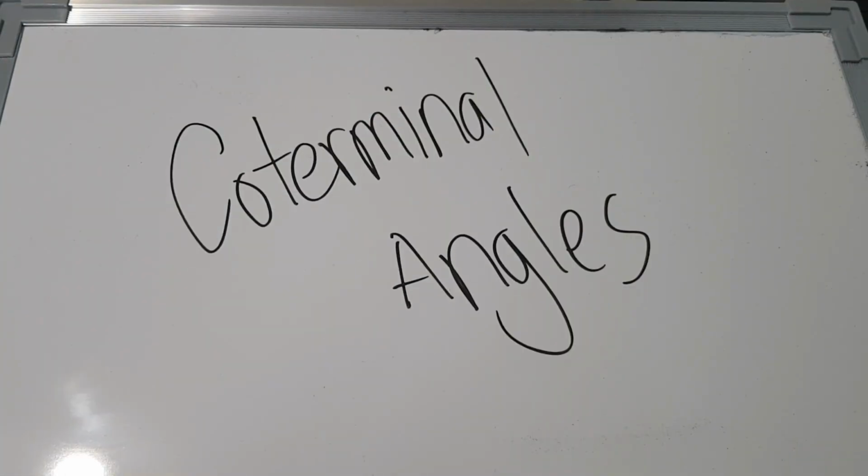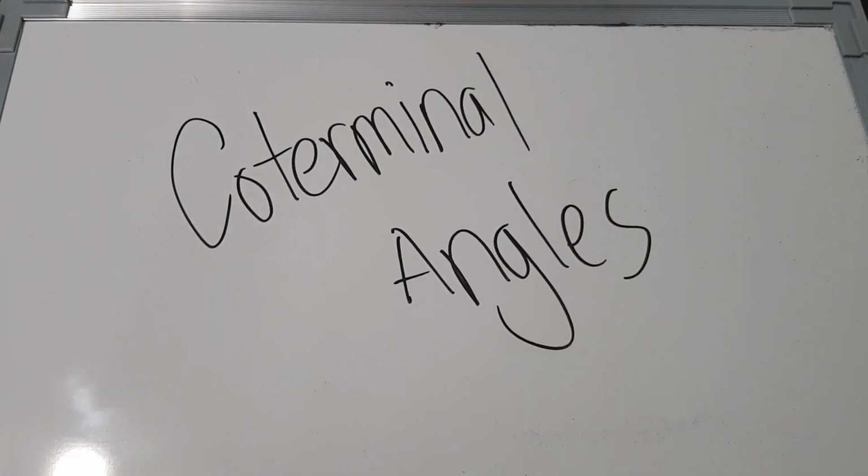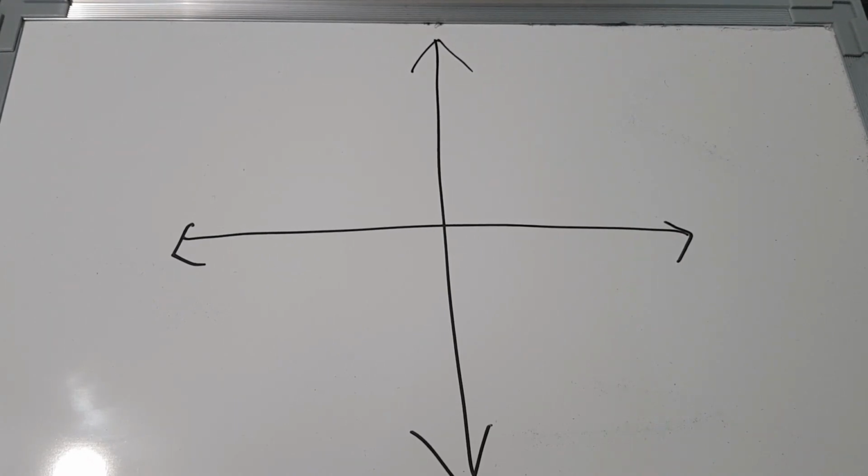Coterminal angles. Coterminal angles are angles in which the terminal sides coincide with one another. This means that the two angles must have their terminal sides in the same position. In order for this to be possible, the two angles in standard position must differ by an integral multiple of 360 degrees or 2 pi radians.